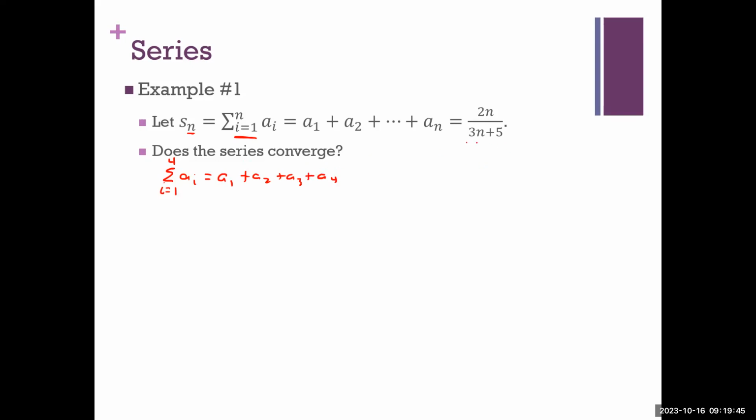So this 2n over 3n plus 5, what is that? Is that a term in the sequence? Nth term in the sequence? Or what does it really represent? Basically, this is new notation.